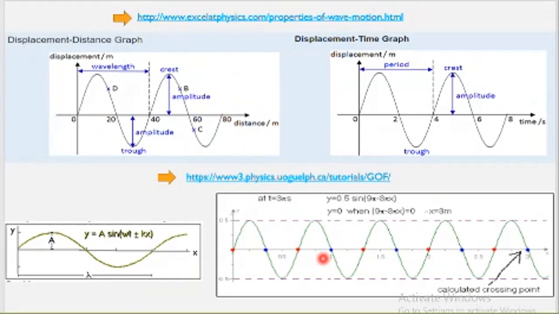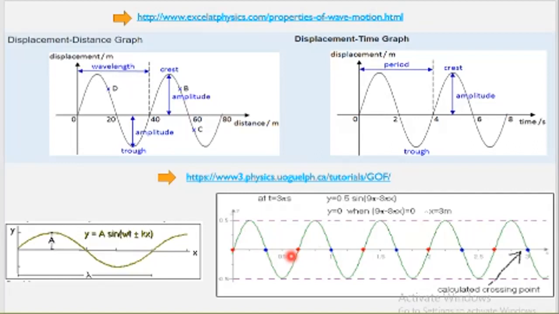Here the unit 1 or unit displacement is this. You can see that the number of oscillations covered is 1 and 0.5, so 1.5 oscillations are covered in unit distance.